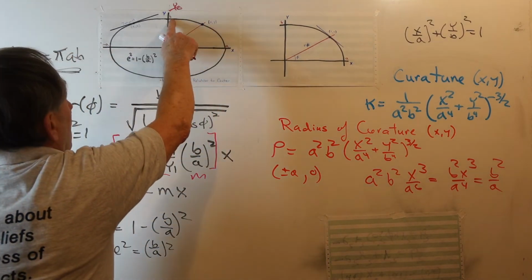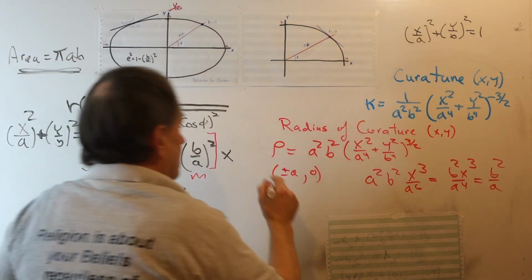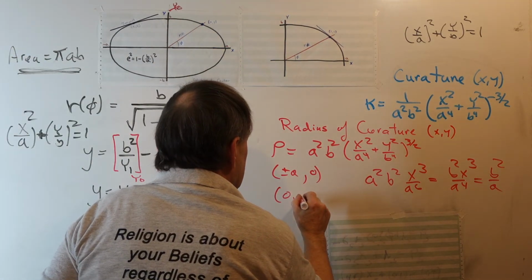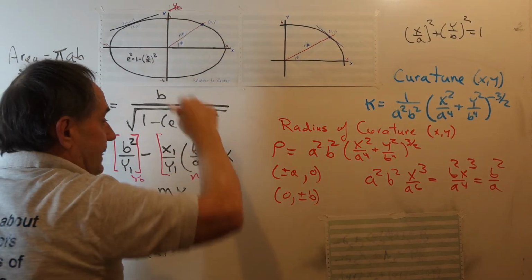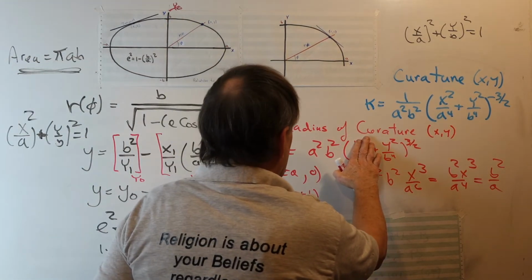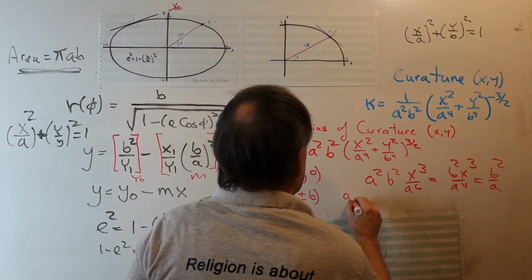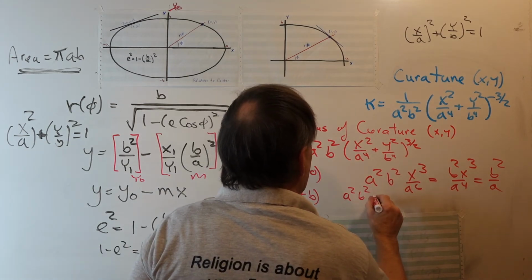And up at the co-vertex, when we have x equal to 0 and y equal to plus or minus b, when x goes to 0, this now becomes a squared b squared.